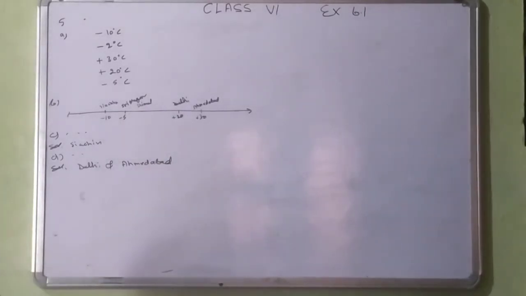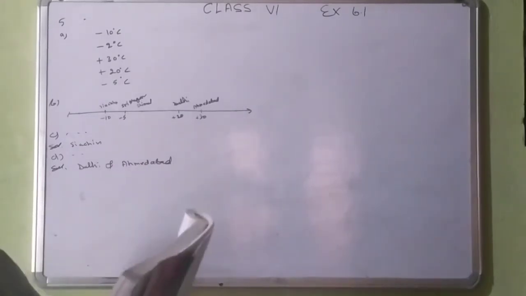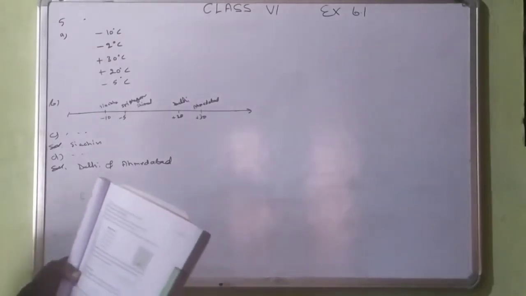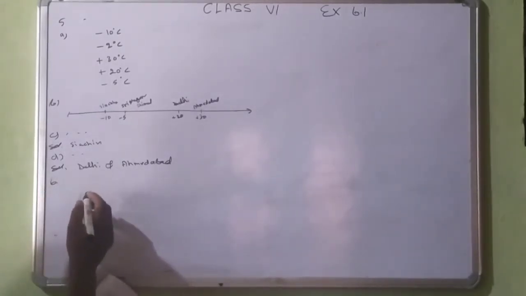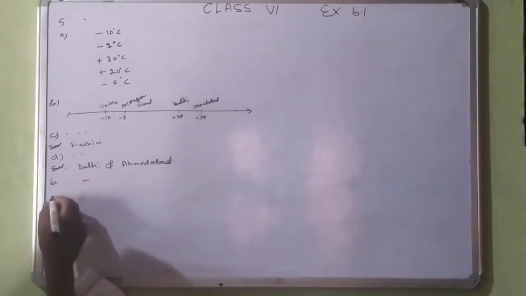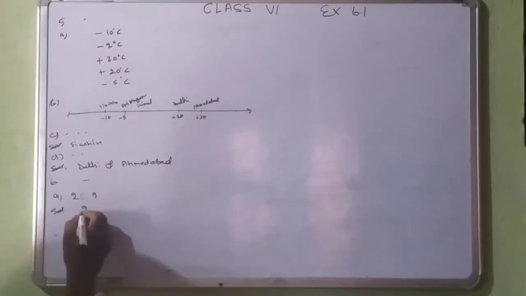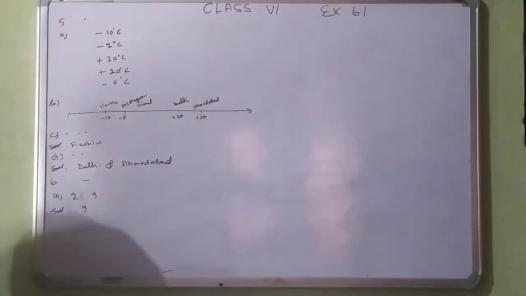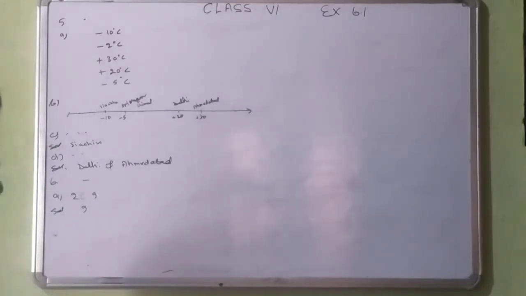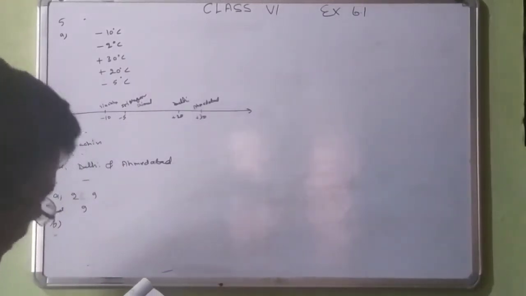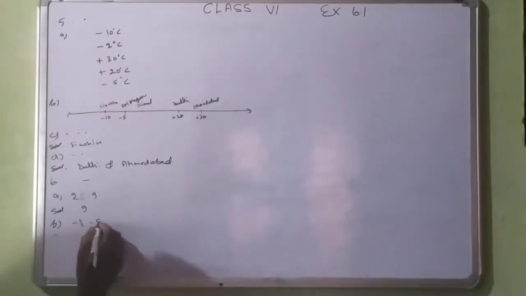Now question number 6, in each of the following pair, which number is to the right of the other on the number line? A part, 2 and 9, so 9 will be on the right, it means the greater number will be on the right side and the smaller number will come on the left side. B part, -3 and -8, so the greater number is -3, so that will be -3.